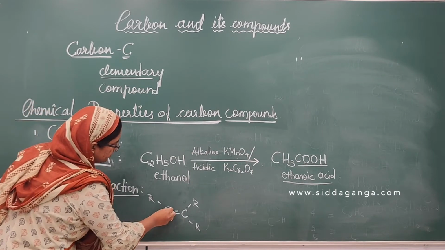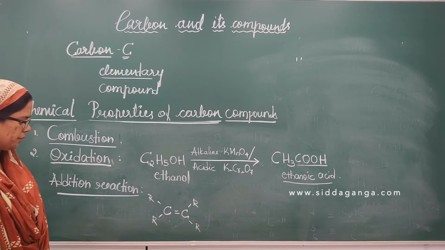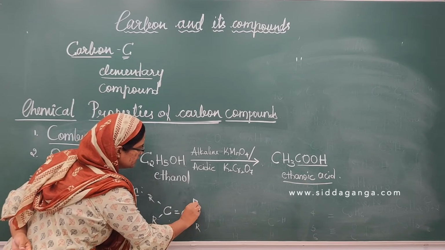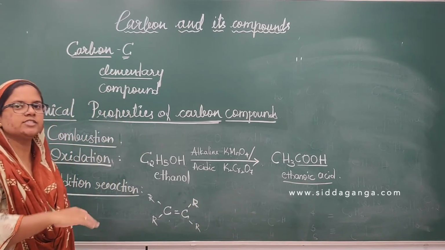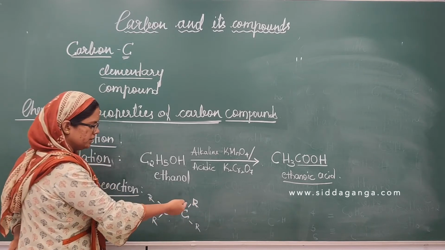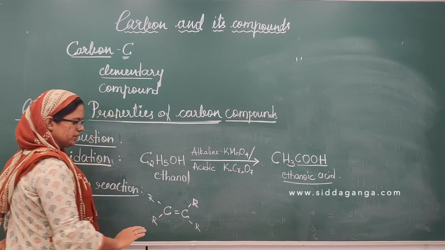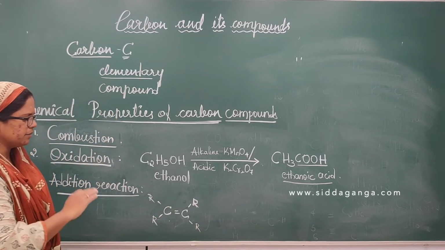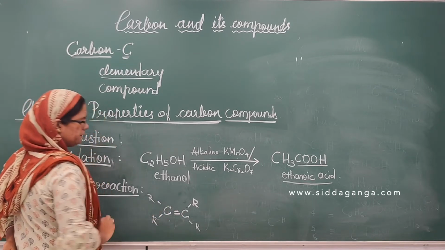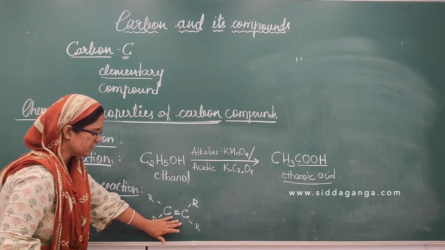Here, an unsaturated carbon compound. What are these R's? This R represents the rest of the molecule. It may be hydrogen; in general, if I take hydrocarbons, that will be hydrogen only. In other cases that may be a functional group. Here a double bond is already there, so it is an unsaturated compound.